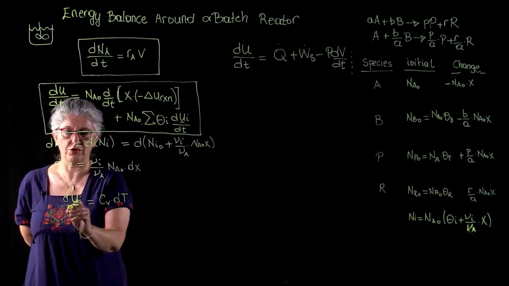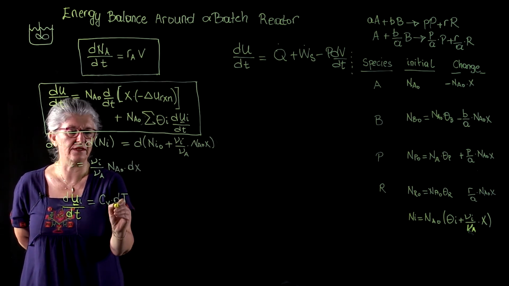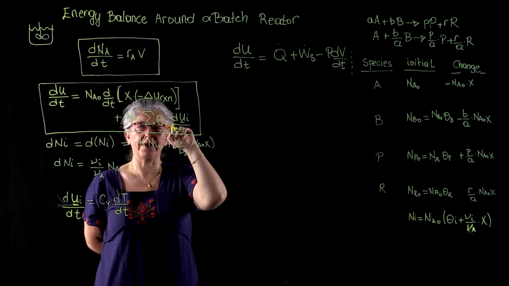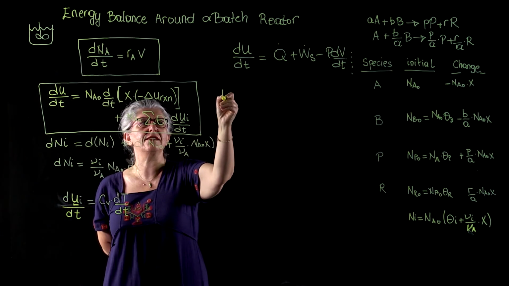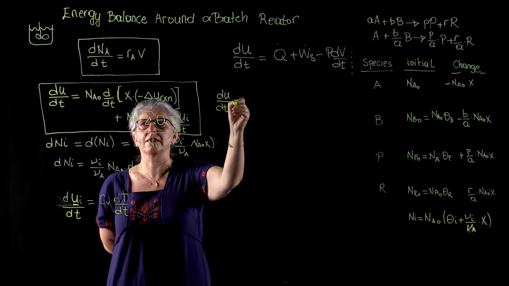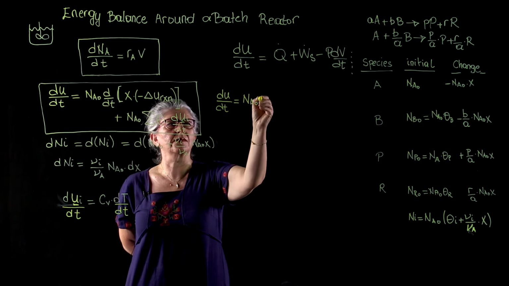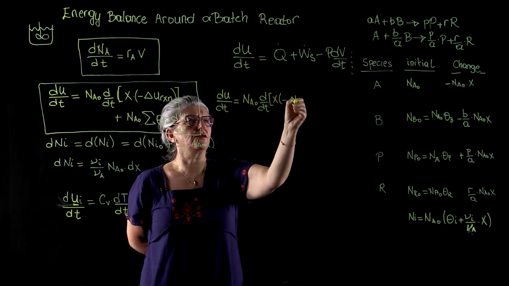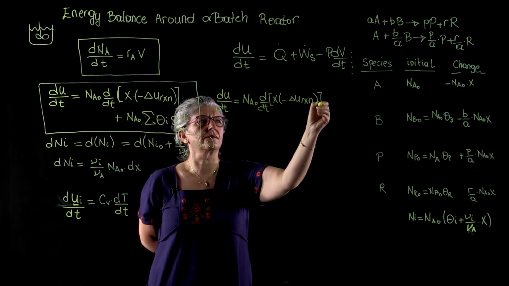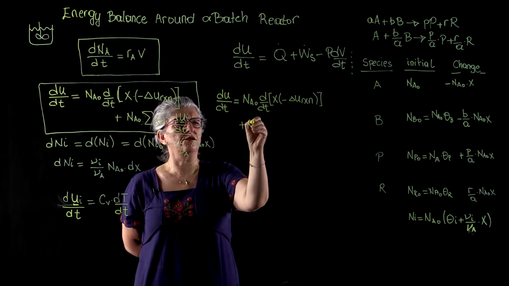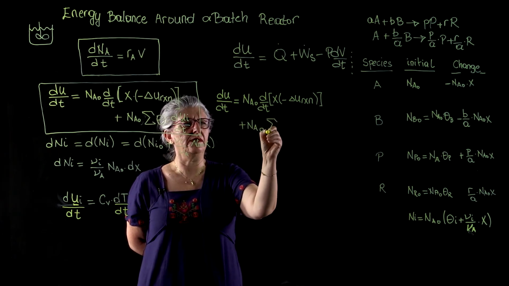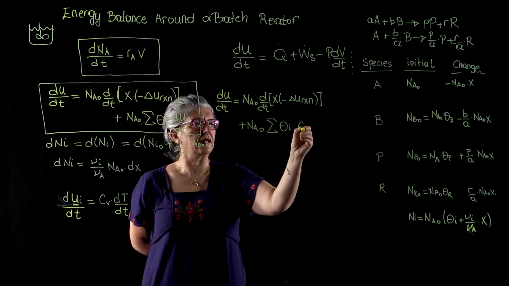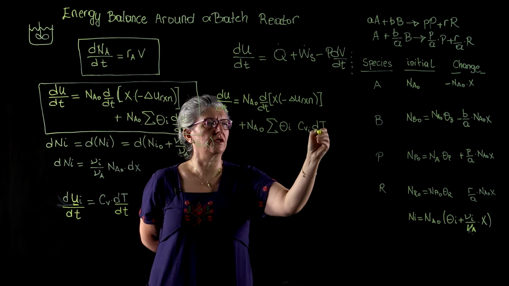Now we are going to substitute for dui over dt as a Cv dT over dt in order to have a more compact expression of du over dt as Na0 d over dt x minus delta U reaction plus Na0 sigma theta I dui over dt, which we substitute from here, times Cvi dT over dt.